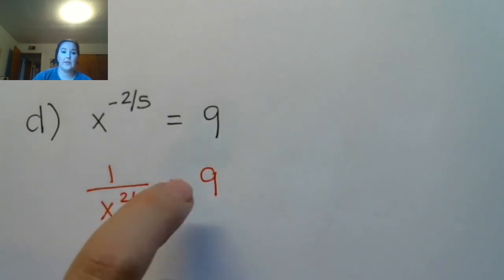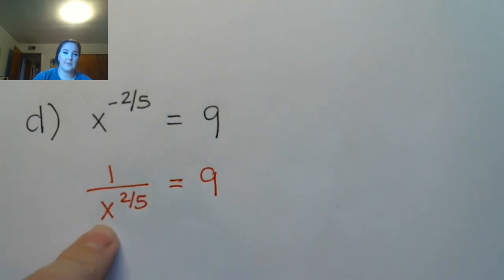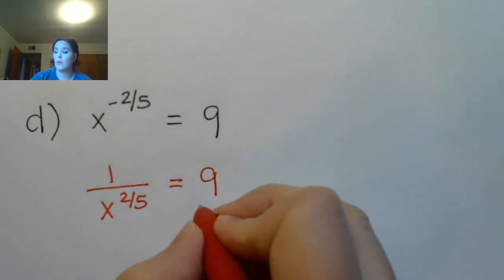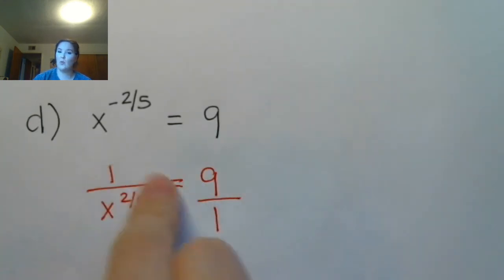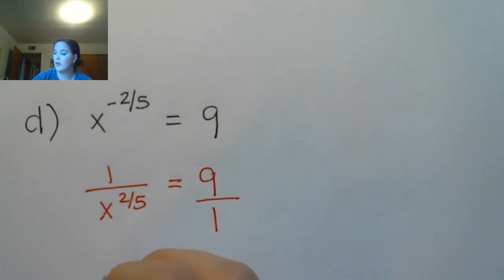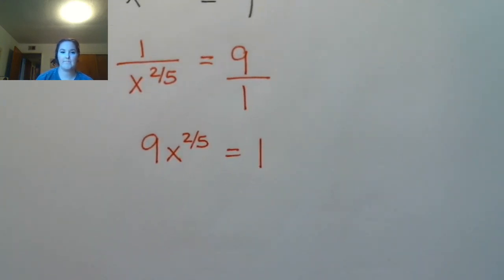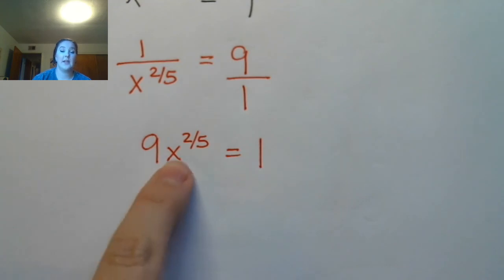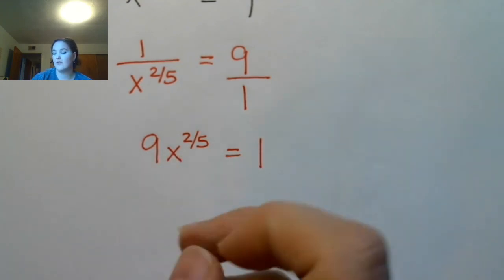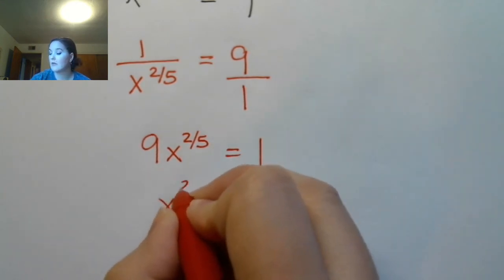You can either think about multiplying both sides by x to the 2/5, or you can think about this as 9/1 and cross multiply. Either way, you're going to get 9x to the 2/5 equals 1. And again, you're still trying to isolate this x to the 2/5. So I'm going to divide both sides by 9.